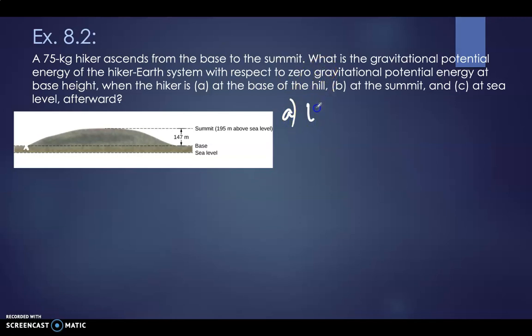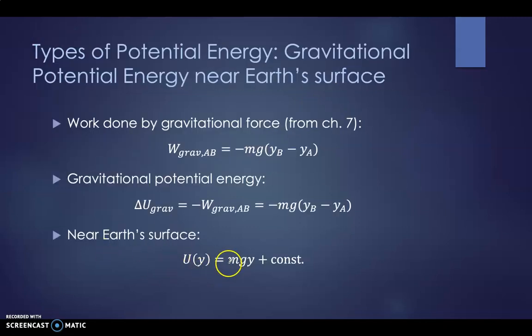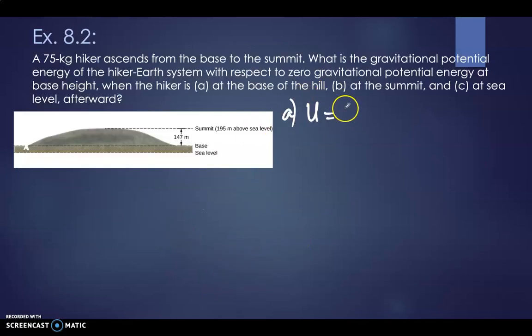Our potential energy here, U, remember, is going to be this equation here, mgy. Now at the base of the hill, it states that the zero gravitational potential energy is going to be at the base height.